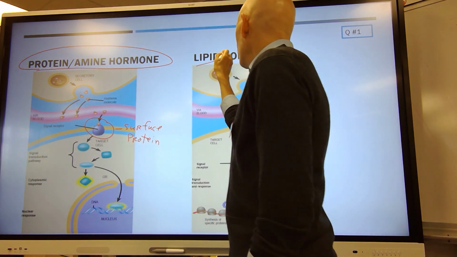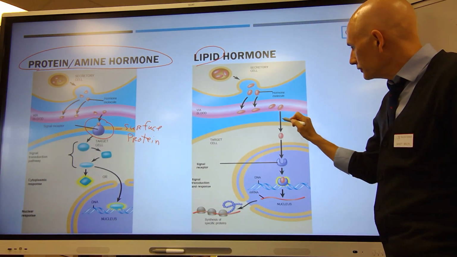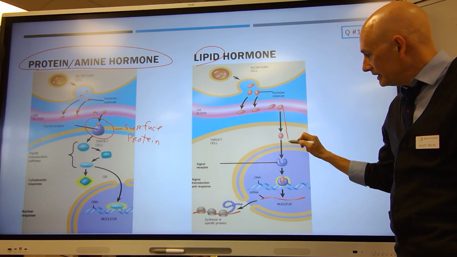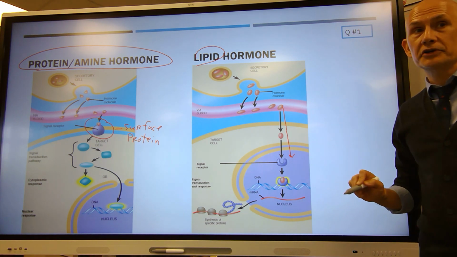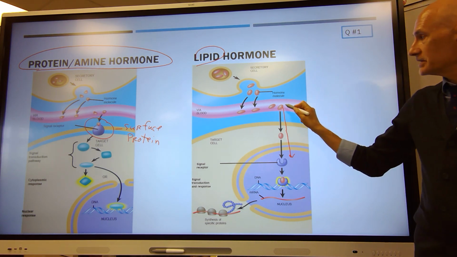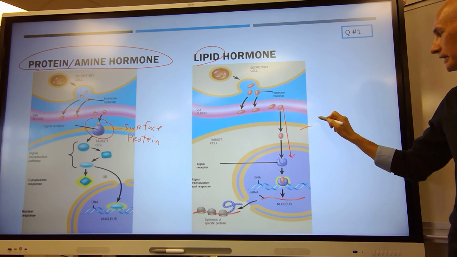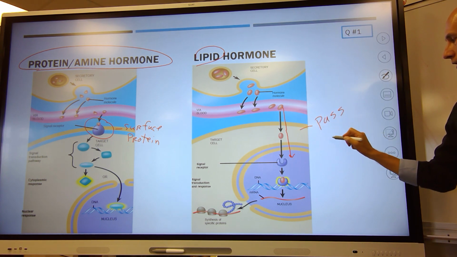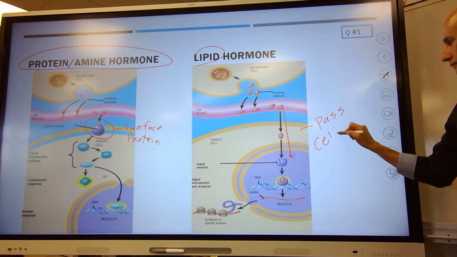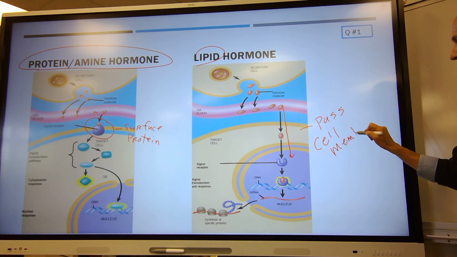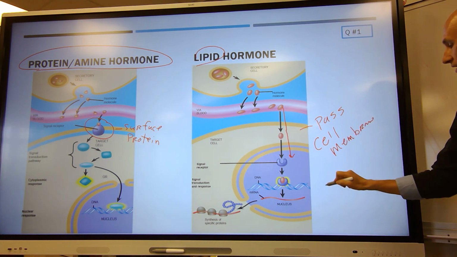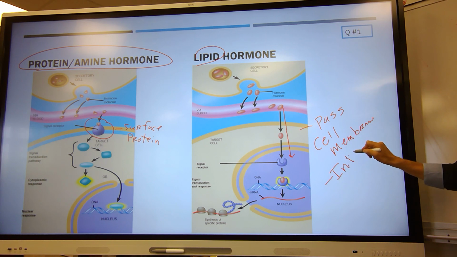If it is a lipid hormone, that is going to go through the cell membrane, even through possibly the nuclear membrane. Because it is a lipid hormone, it can pass through the cell membrane, and it has an interior receptor.